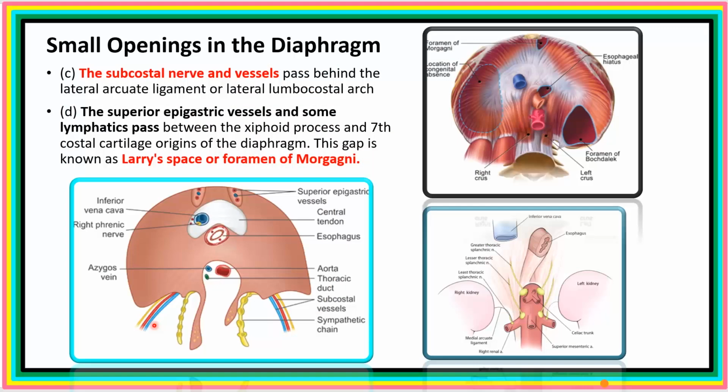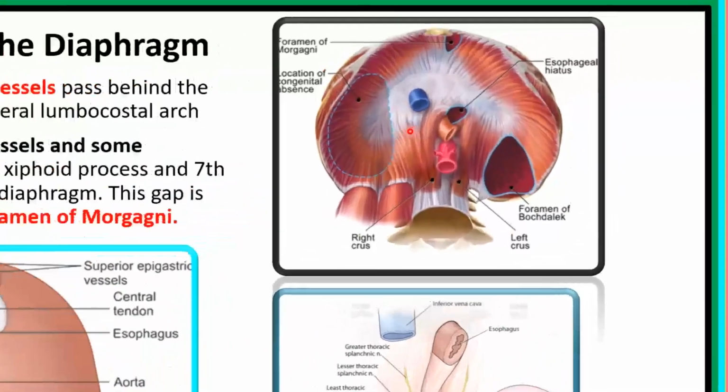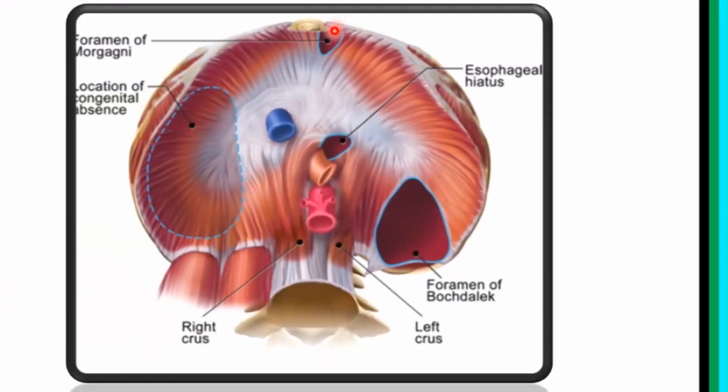Now, the next structure to be considered in this section of small openings in the diaphragm will be a very important opening that is called the foramen of Morgagni or Larrey's space. Here is Larrey's space. So what is Larrey's space?